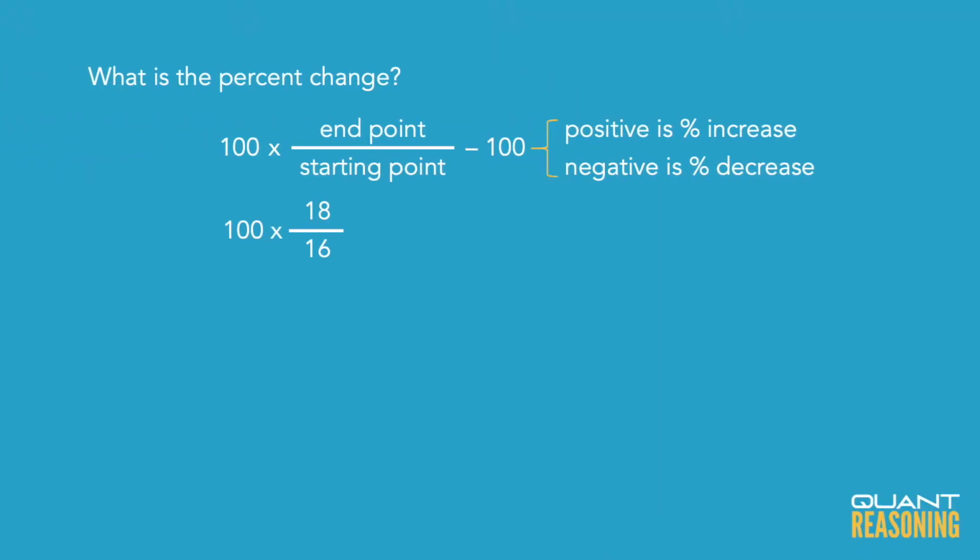All you have to do at that point is take 100 as your base, multiply that by the change factor, so 100 multiplied by 9/8, and then subtract back out the 100.